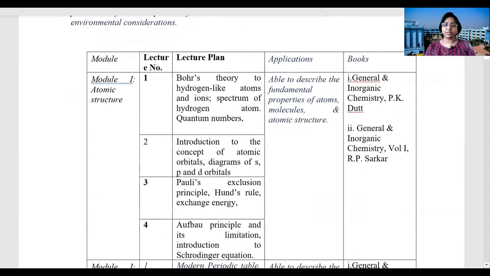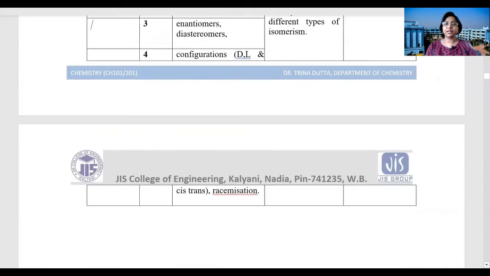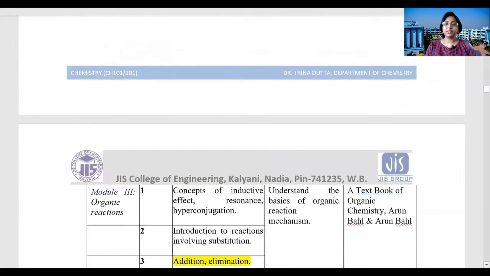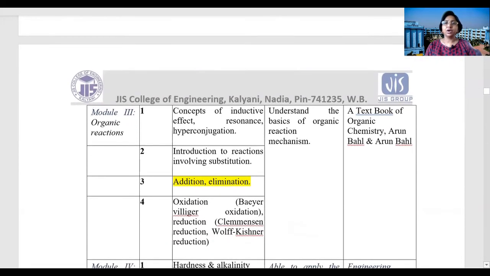And today, our part is the organic reactions. This is module 3. You can see here, in module 3, I have already covered 2 lectures. The first one was the concept of inductive effect, resonance, and hyperconjugation.